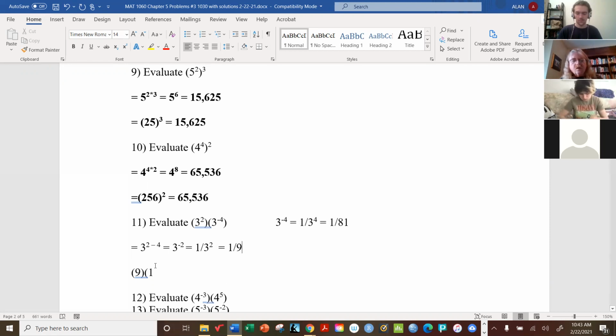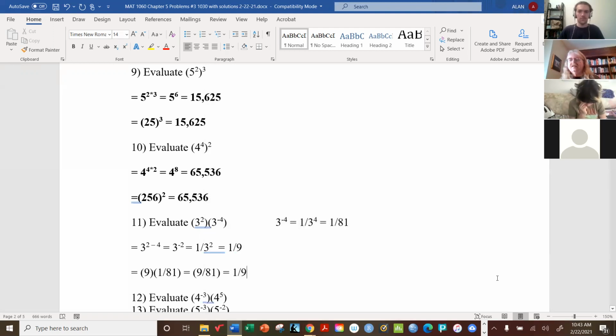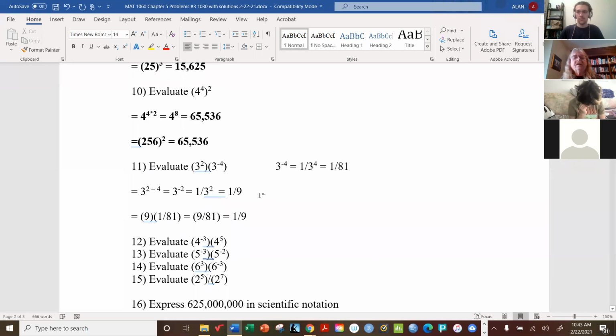And that's why this one will also be 1/9, because what you're actually doing is you're taking 3 squared, which is 9. 3 to the 4th is 1 over 81. And that's 1 over 9. Okay, now it's correct. All right, we're all set. Beautiful. Now, if you want to, you can write this out as a decimal too. But that's not absolutely necessary.